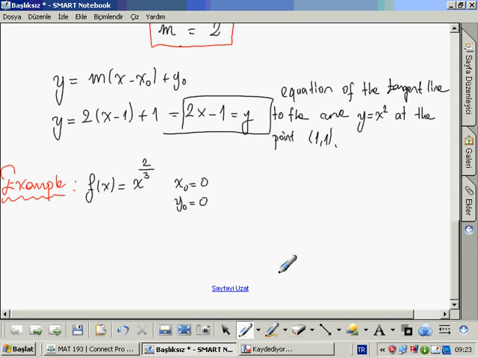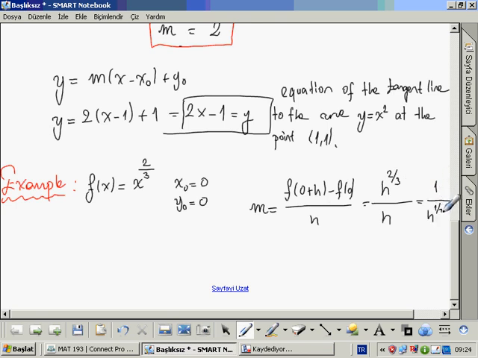Let's talk about it formally. m equals f of 0 plus h minus f of 0 over h, which is h to the power of 2 over 3 over h, and that equals 1 over h to the power of 1 over 3, with the limit as h goes to 0. As you see, it will be infinity.